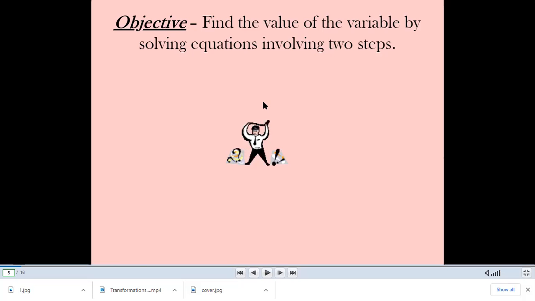Then to find the value of the unknown variable, which will make both sides the same. If I have 3x plus 4 equals 16, this is a type of two-step equation. Is there anyone who can tell me what we are going to do to solve this equation? Solving an equation means finding the value of the variable.